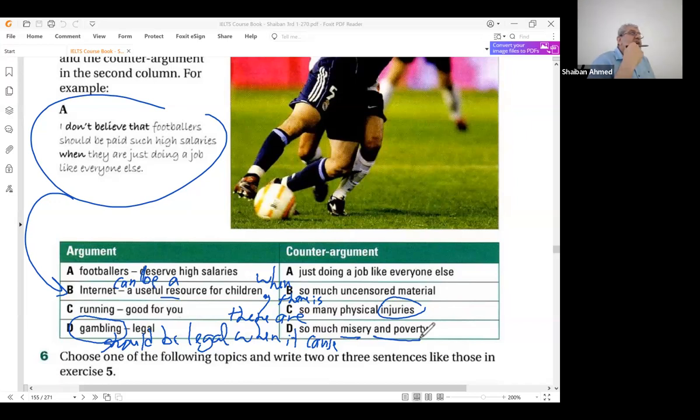Anyway, poverty. What's poverty? Not just poor. Not even a penny, nothing. So here poverty means extreme poverty. So I don't think gambling should be legalized when it causes so much misery and poverty, or when there is so much misery and poverty, or it results in misery and poverty.